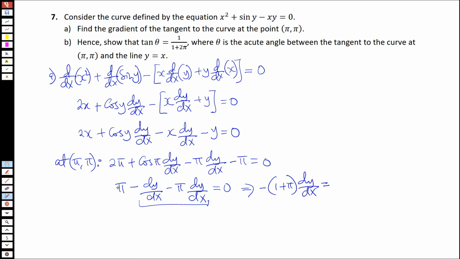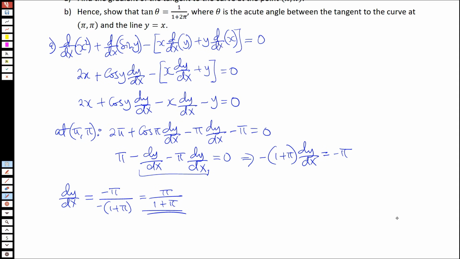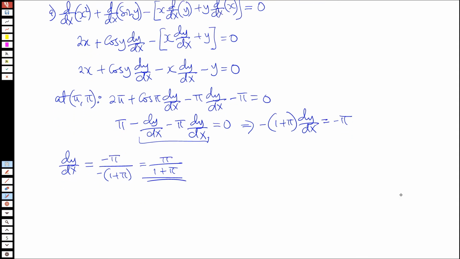And then this can be brought to the right hand side, so you have negative π. So dy over dx will be equal to negative π over negative (1 plus π), which will be equal to π over 1 plus π. Okay, so that is part A of this question.